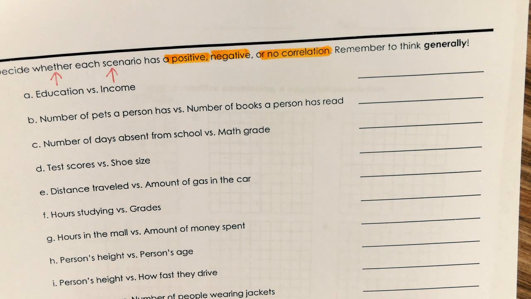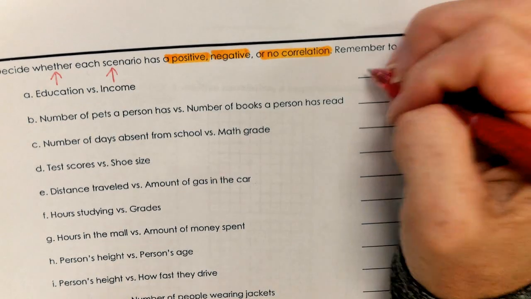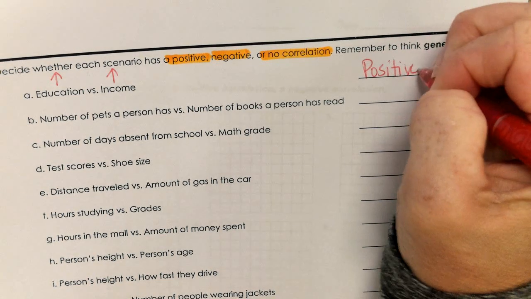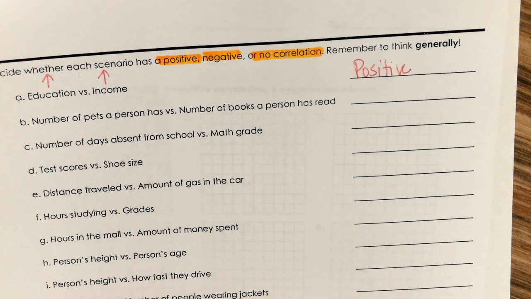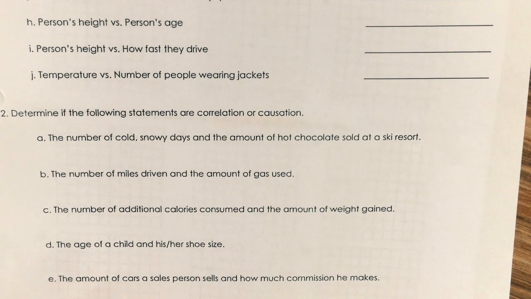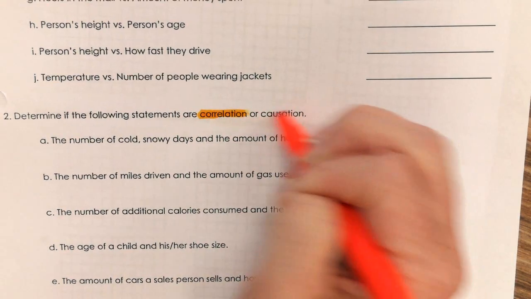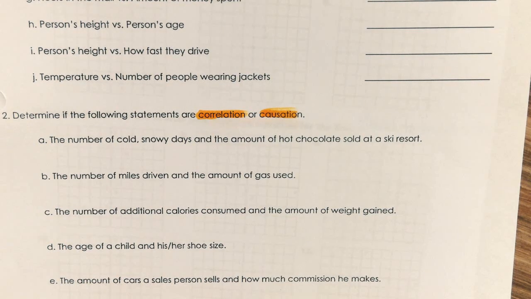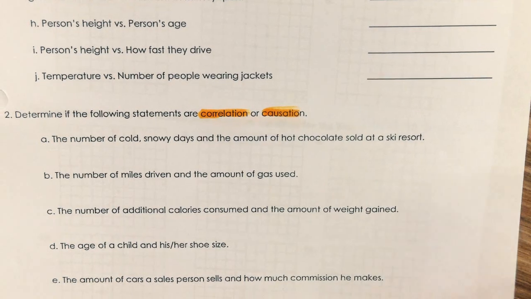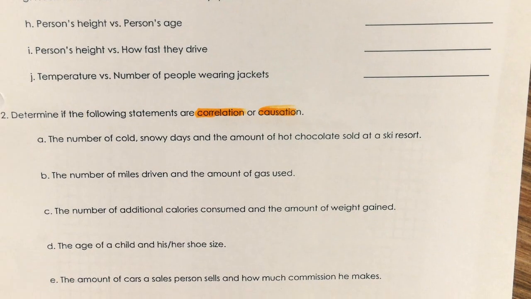So if it's two ups, you would put, so guys, the first one you'll always put up. And then if the second one goes down, it's negative. If the second one goes up because of the first one, does that make sense? Okay, if they're not related at all, you put no correlation. At the bottom, it wants you to determine if it's correlation or causation. And that's it. Got it? All right, get started.